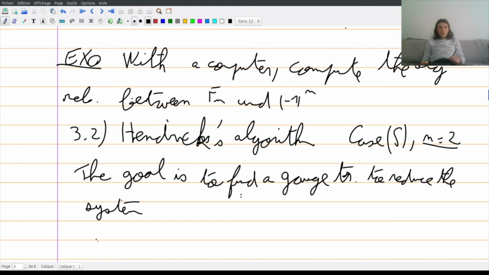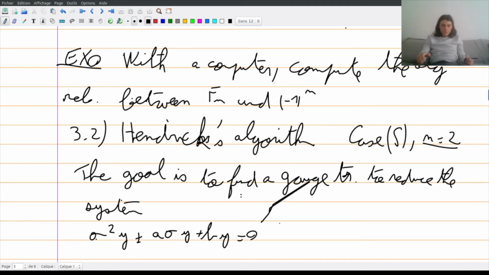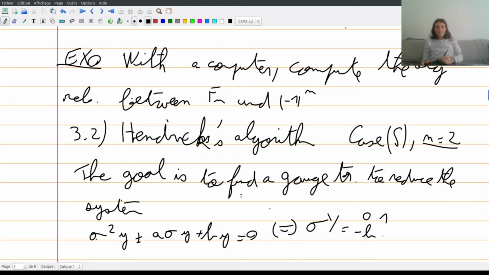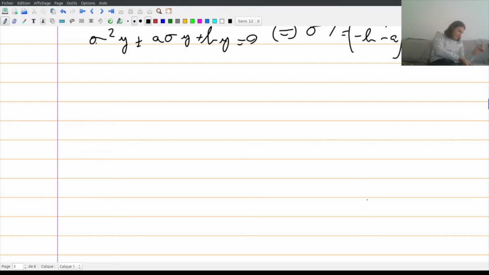So let's consider another two equations. And you know that it's equivalent to the system, and consider the Galois group.